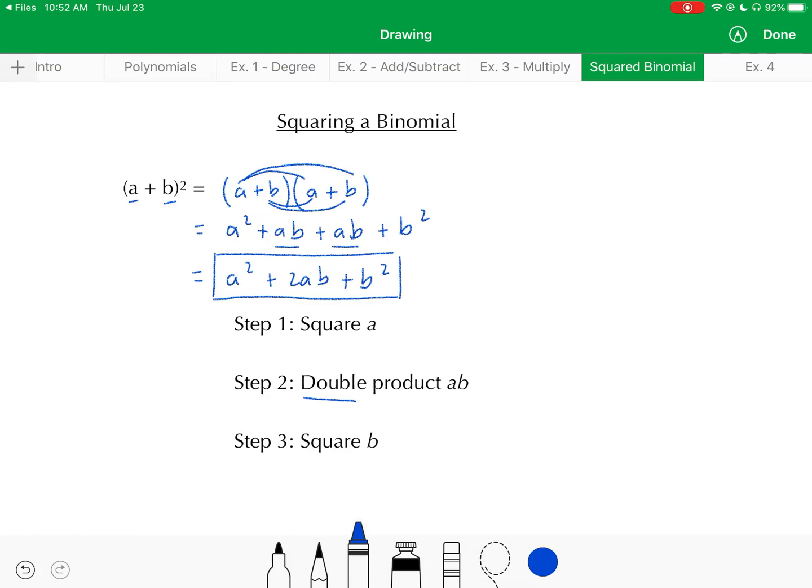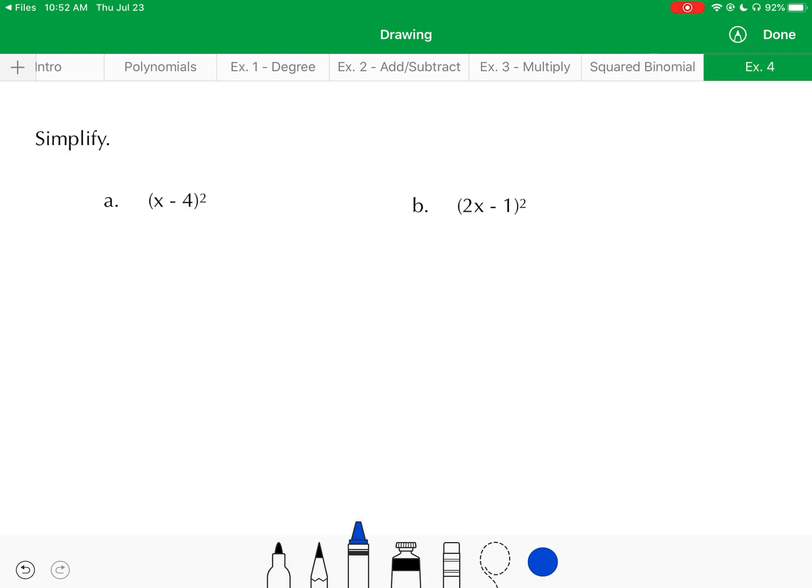So rather than having to multiply it all out and use that distributive property every time, get used to using this formula, okay? So that's what we're going to do here on this last set of examples, okay? Let me write the pattern down, or the formula. So we said that a plus b raised to the second is a squared plus 2ab plus b squared.